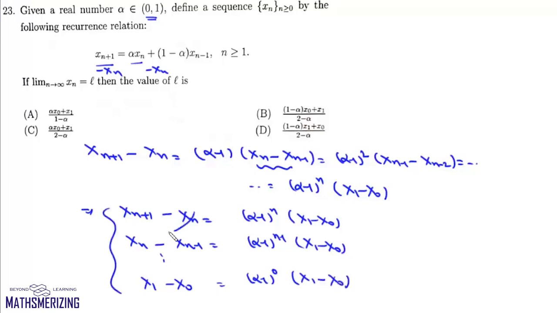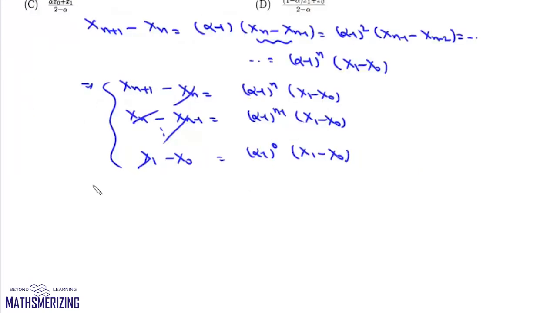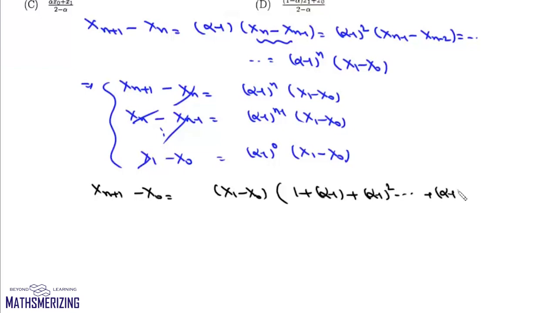Now if we add them all up, on the left hand side we can write xn plus 1 minus x0, it will be x1 minus x0 into 1 plus alpha minus 1 plus alpha minus 1 square up to alpha minus 1 to the power n.